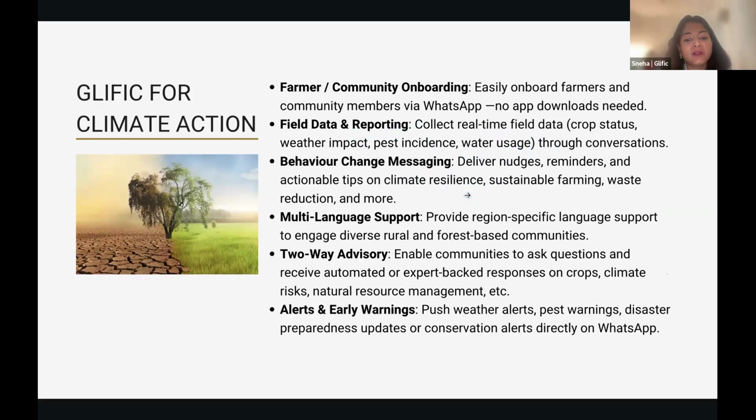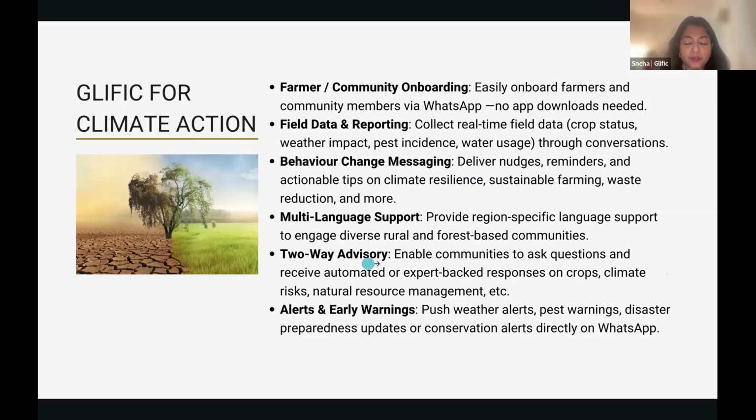Glyphic enables you to have conversations in regional language. So, all the major Indian languages that are enabled by Meta are on the platform. So, people in the remote areas can also have conversation, and you can keep it very friendly for all the people who are in the remote areas.